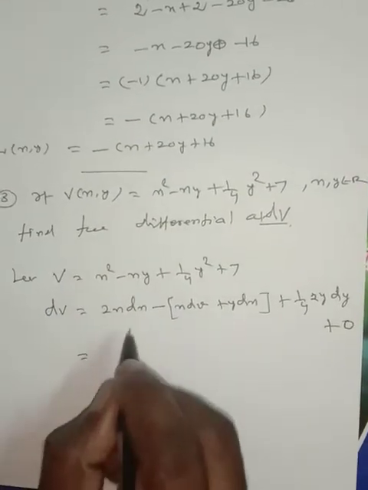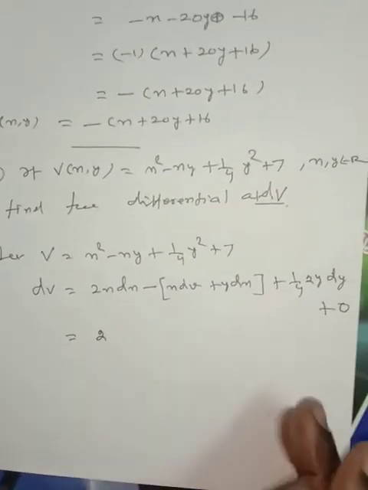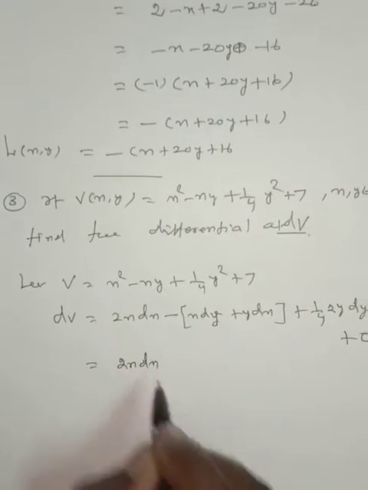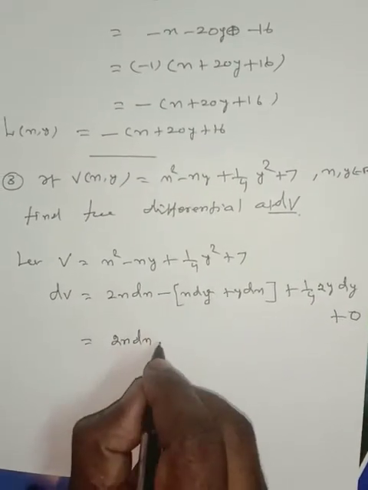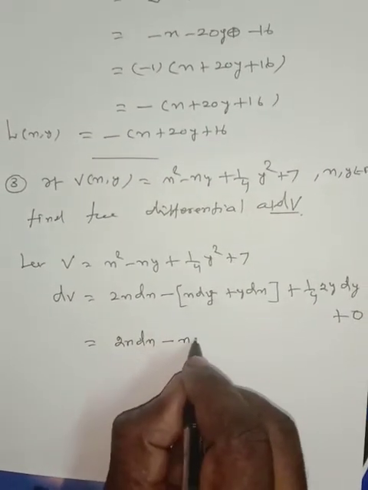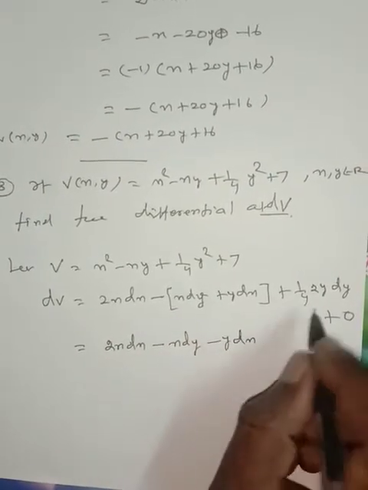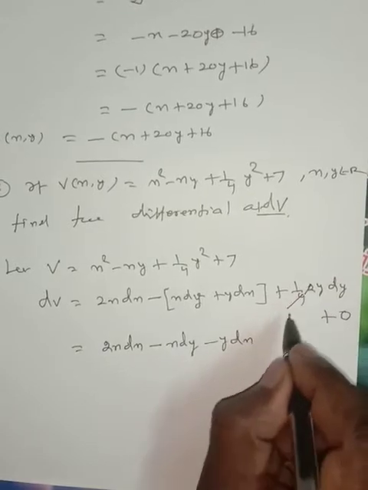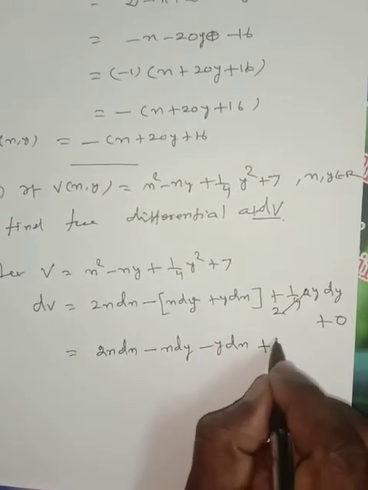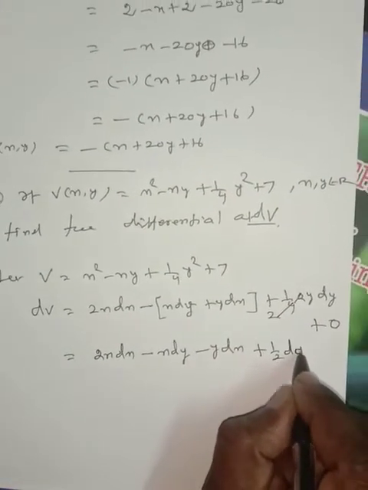So dv = 2x dx − x dy − y dx + (1/2)y dy.